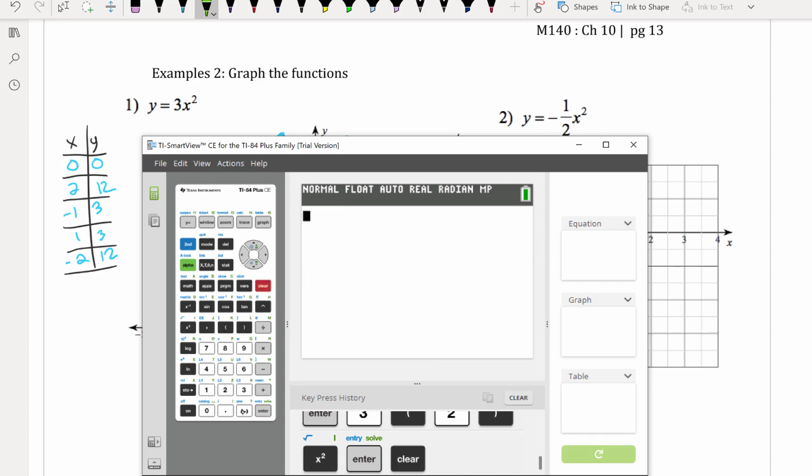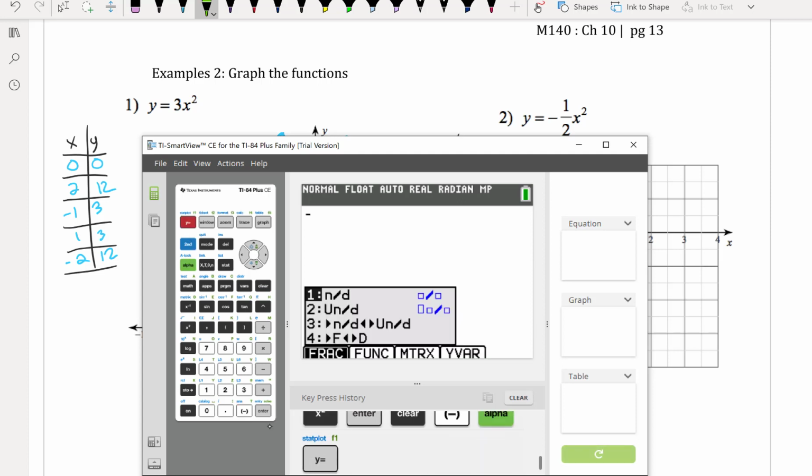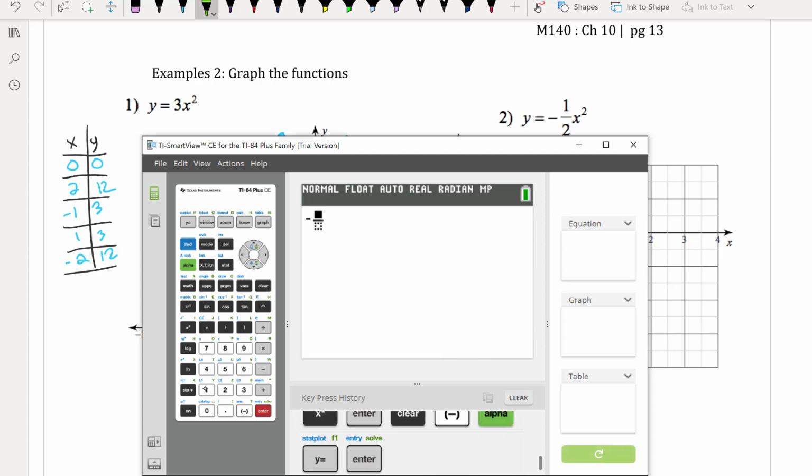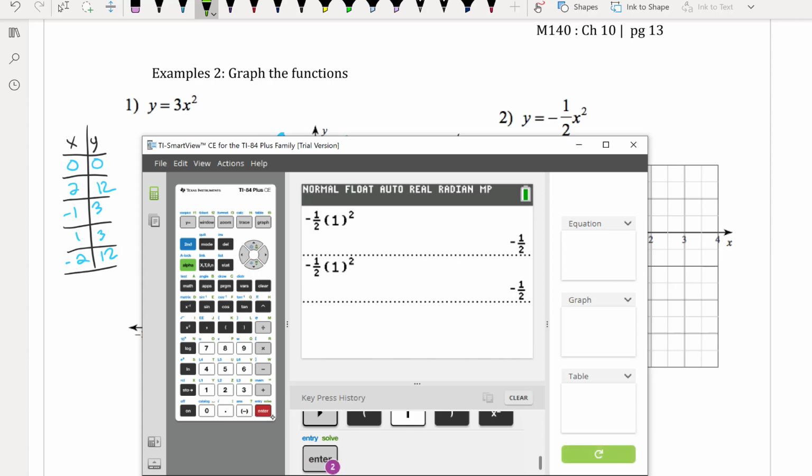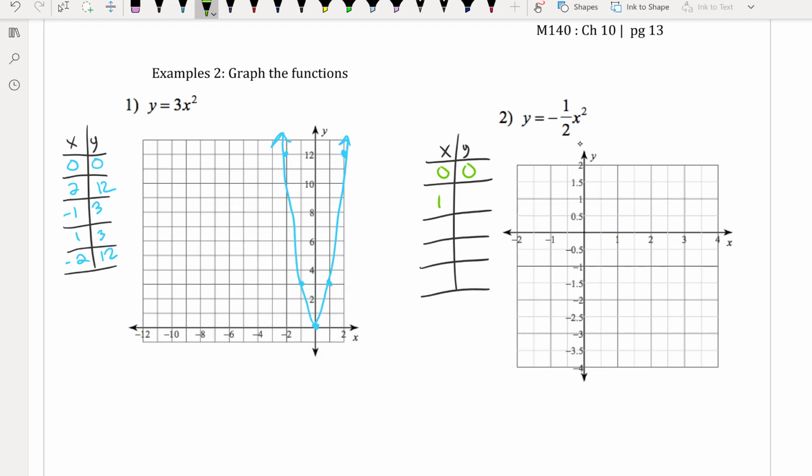So here I would have a negative 1 half times my 1 squared. Now I'm going to get that as a negative 1 half. That's also the same as a negative 0.5.